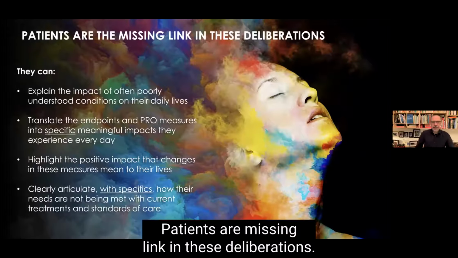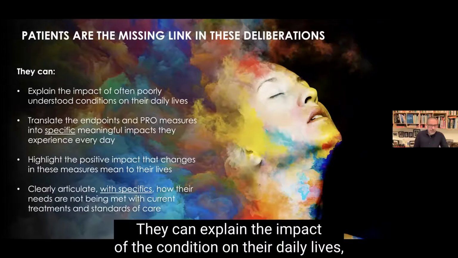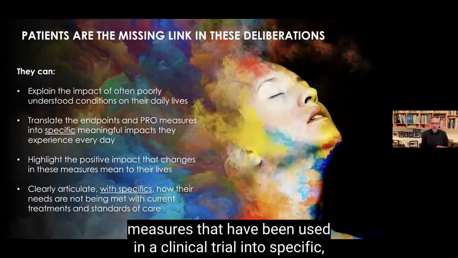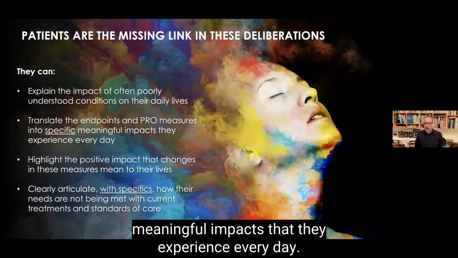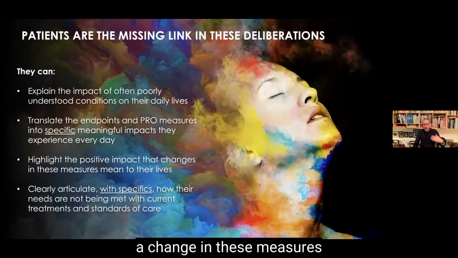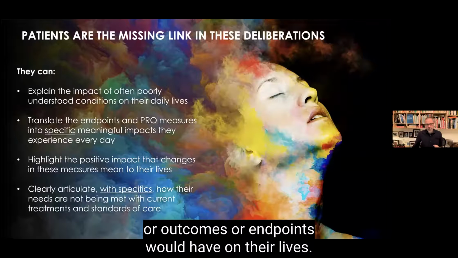And so patients are the missing link in these deliberations. They can explain the impact of the condition on their daily lives, and translate the endpoints and the different measures that have been used in a clinical trial into specific, meaningful impacts that they experience every day. They highlight the positive impact that a change in these measures, outcomes or endpoints could potentially have on their lives.